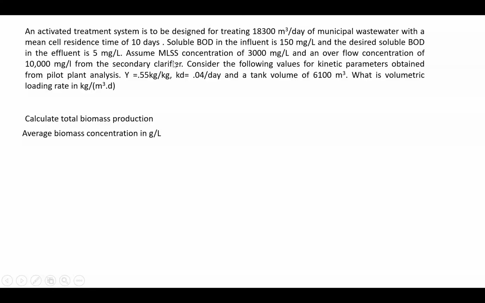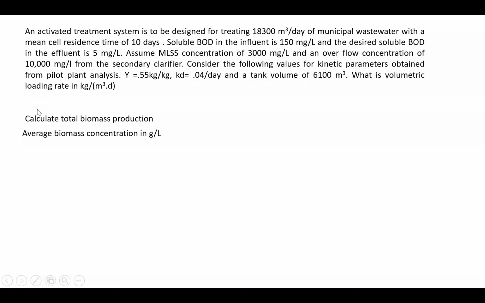Assume MLSS concentration of 3000 milligram per liter and an overflow concentration of 10,000 milligram per liter from the secondary clarifier. Consider the following values for kinetic parameters obtained from pilot scale analysis: Y equal to 0.55 kg per kg, kd 0.04 per day, and a tank volume of 6,100 meter cube.